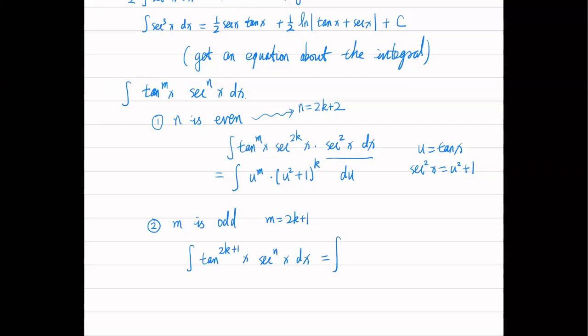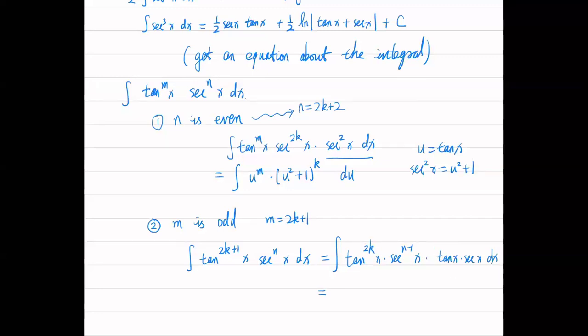I'm going to split. I'm going to take 1 degree from there, another degree from there. I take one of them, tangent x secant x dx. What's left will be tangent 2kx secant n minus 1 x. Now we use a substitution.